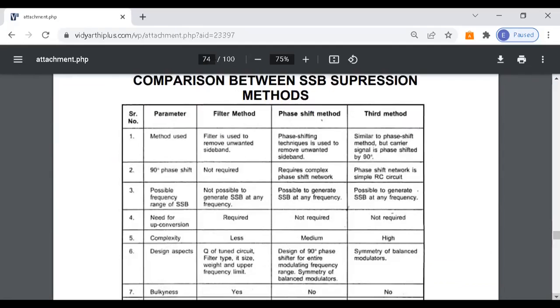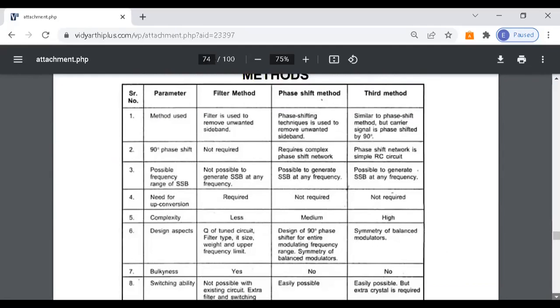So let's look at a comparison of the different methods.